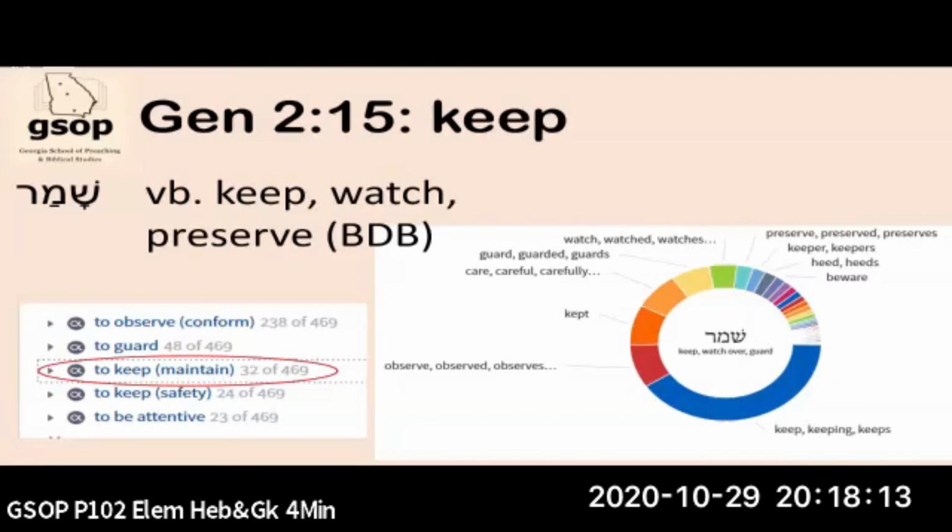If you look to the left at the bottom there, it occurs 469 times in the Old Testament. 238 have the sense of observing or conforming to, and 48 of those 469 times to guard, and in 32, which is our case, in Genesis 2 verse 15, to keep or maintain.